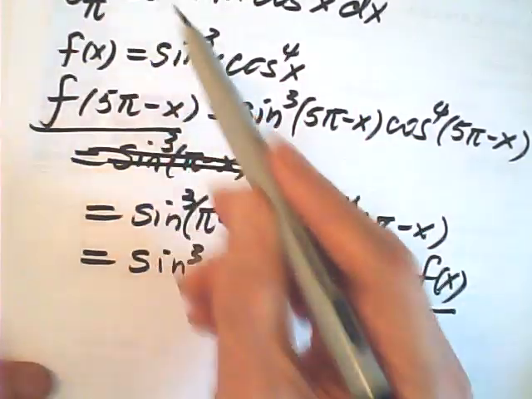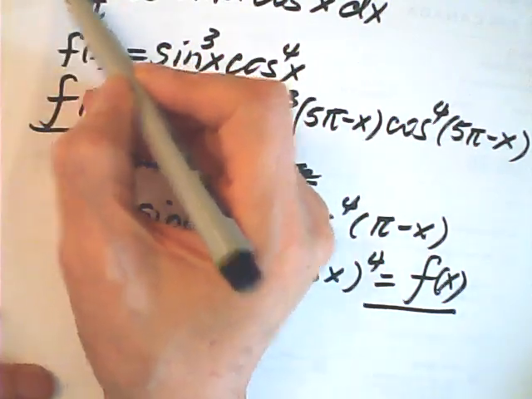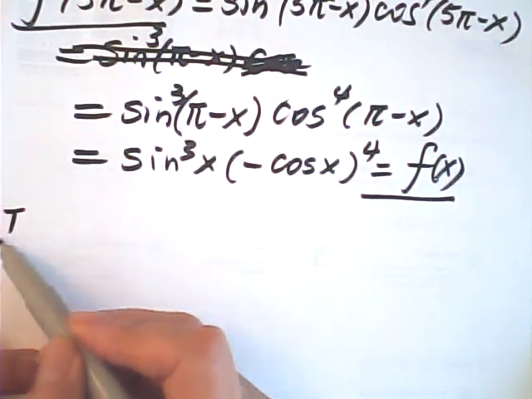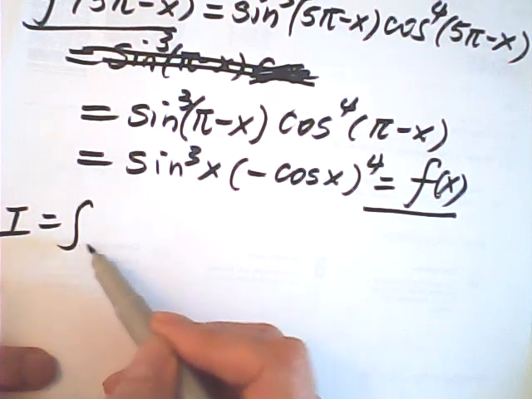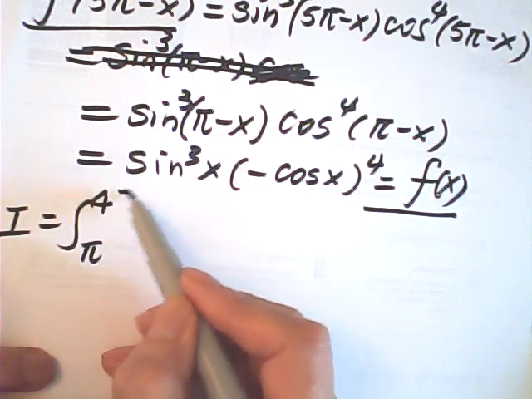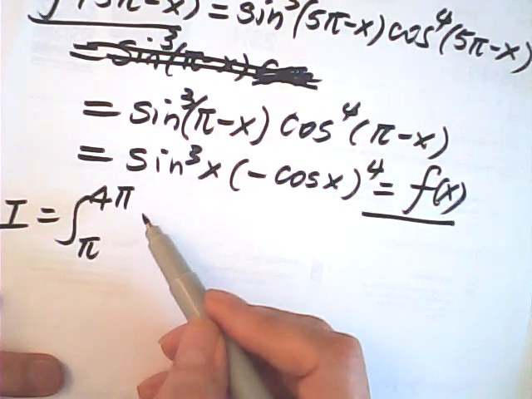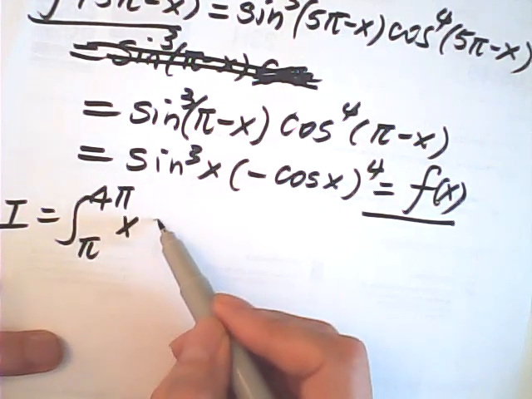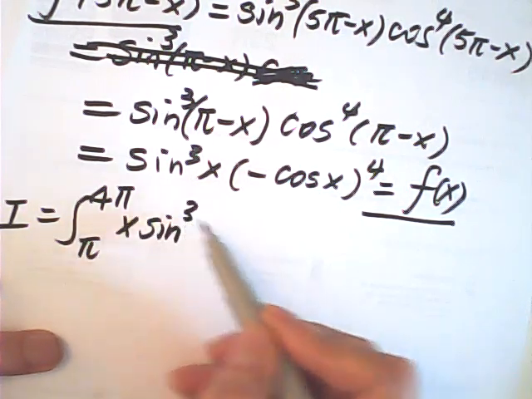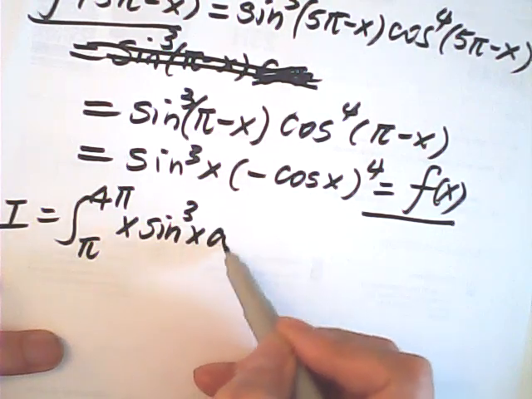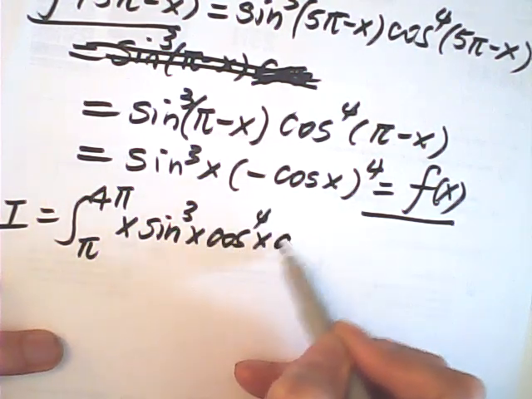Then my integral I is equal to the integral from pi to 4 pi of x sine cube x cosine fourth x dx.